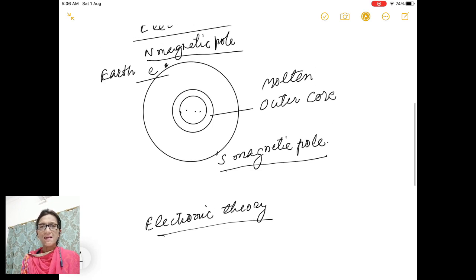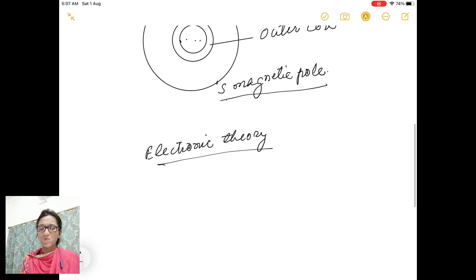Moreover, there is a difference in temperature between the outer and inner layer of the core, and this temperature difference causes a convection current in the molten rock material present inside the core. This convection current may be the cause of earth magnetism. So this is one theory.